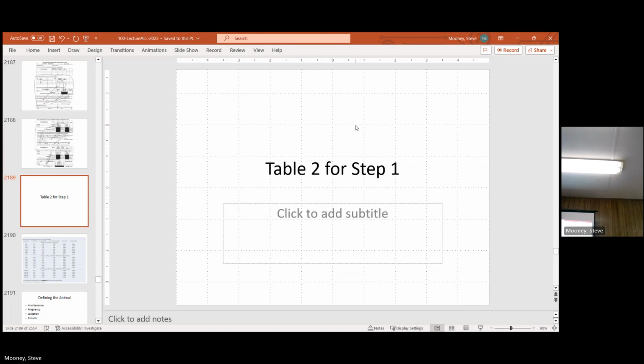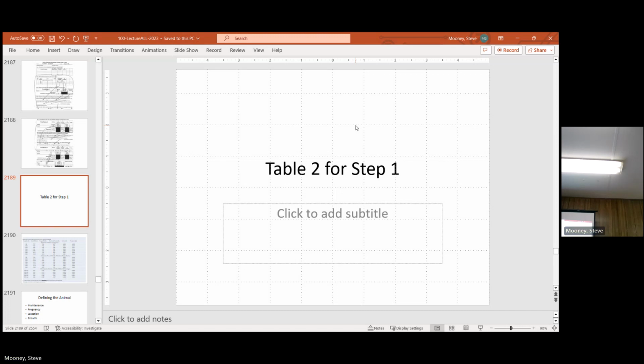Next up, instead of me giving you the requirements in step 1, you're going to use table 2 from the NRC 1989. It's a nice table to break things down to make sense of where everything belongs.